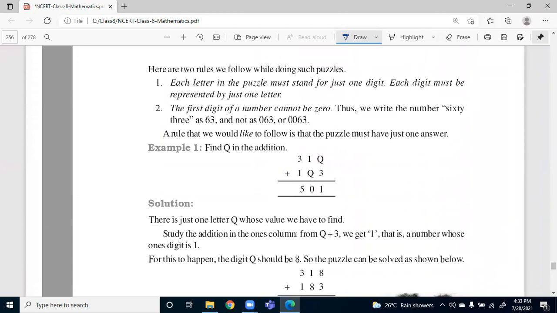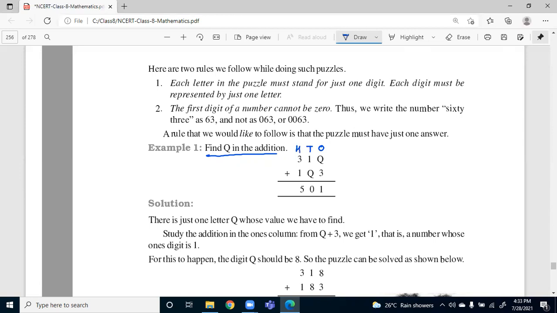Okay, so now next, we are starting something new. See here, alphabets are there. If you look at question number 1, you have to find the value of Q in this addition. You have to do it step by step. Let's start from the ones digit: ones, tens, and this is 100.